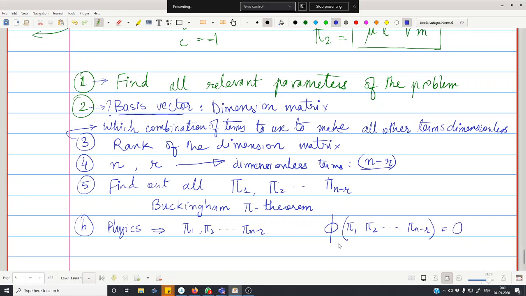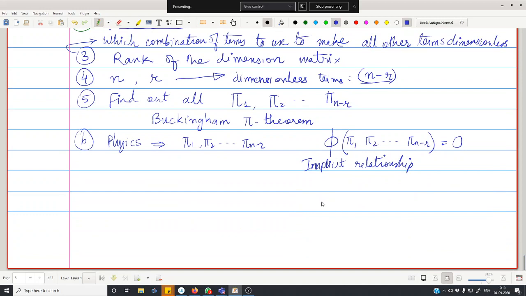This is an implicit relationship between the pi terms. You can always convert the implicit relationship into an explicit relationship, but for now it is not necessary. So these are the steps.